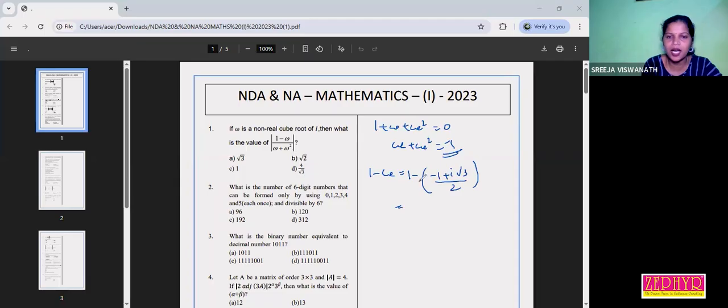We can open the bracket: 1 into 2, 2 minus of minus 1 plus root 3. Find the value.